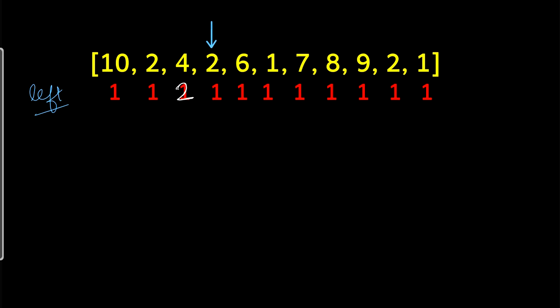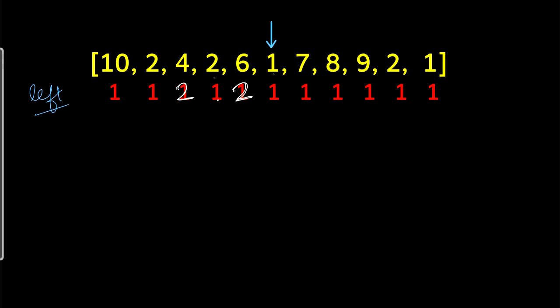Then for the next child, is 2 rating greater than 4? No. So here we will have just 1 candy for this child. Then for the next child, 6 is greater than 2? Yes. So he will get more candy than its left neighbor. So 1 + 1 will be 2.